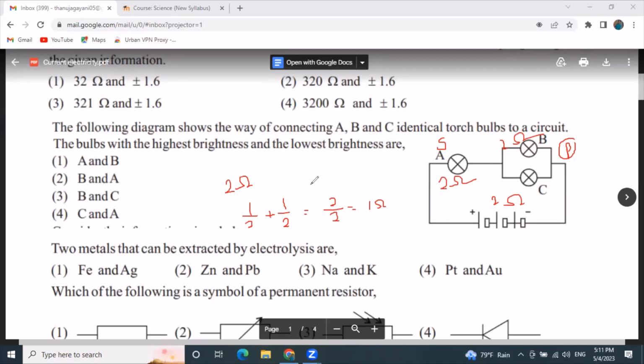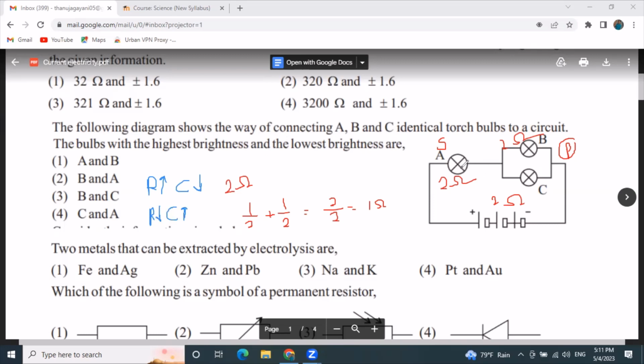Next point is, when increasing the resistance, the current flow through the conductor is decreasing, and when decreasing the resistance, the current flow through the conductor is high.